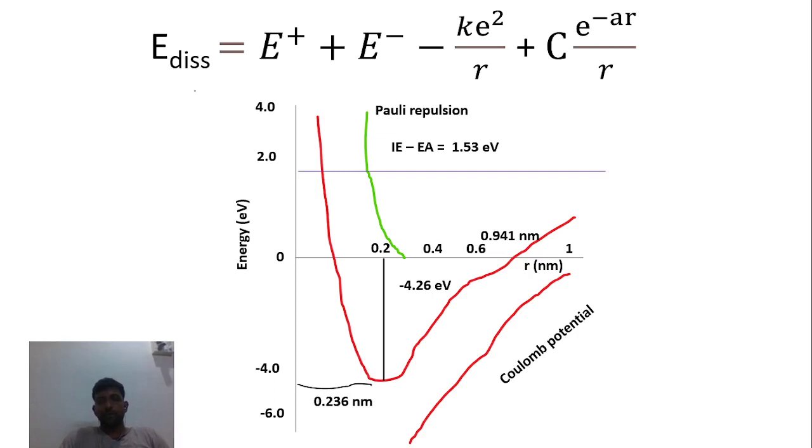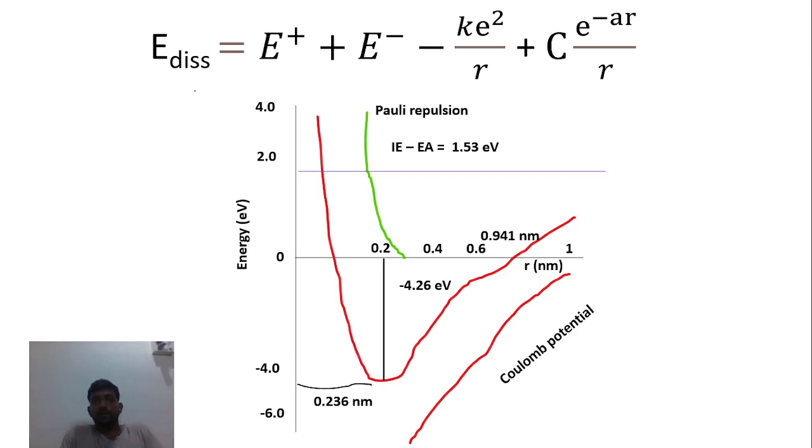Suppose we have the ionization energy and electron affinity difference, then we can get it around. This is for the sodium chloride case. The bond energy is around minus 4.26 eV, and when the ions almost touch, at this point the distance is around 0.236 nanometers.